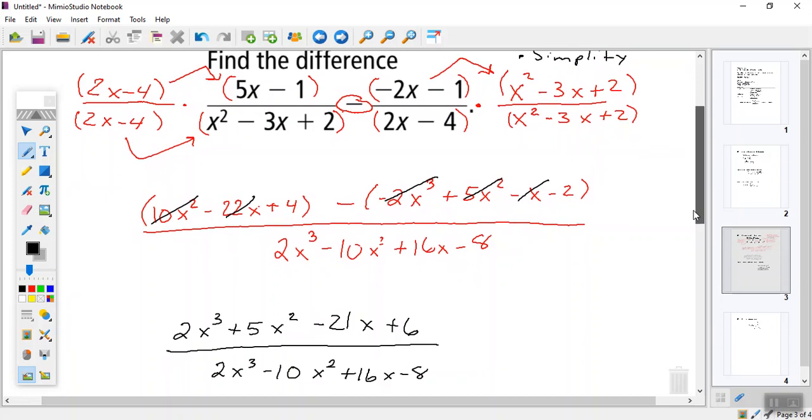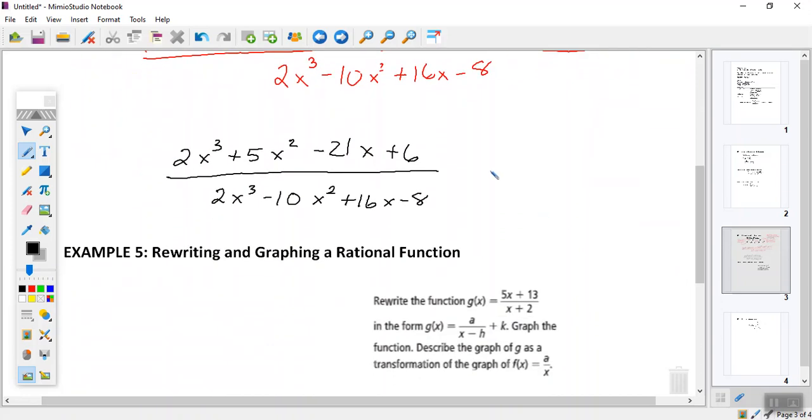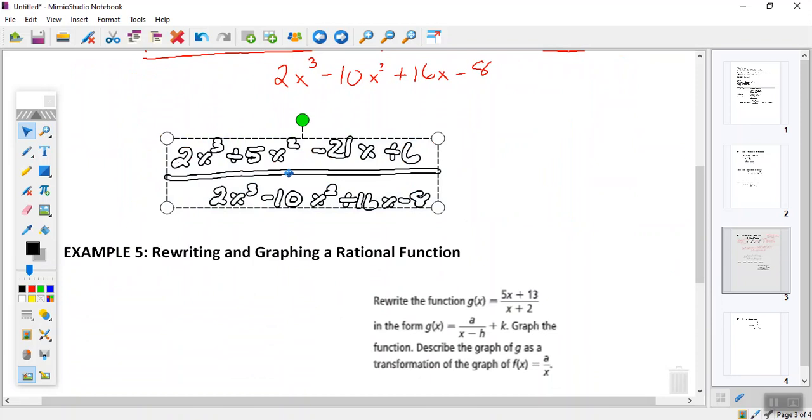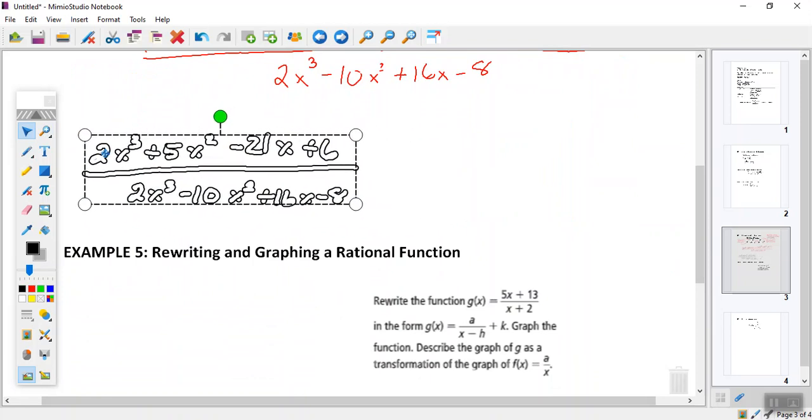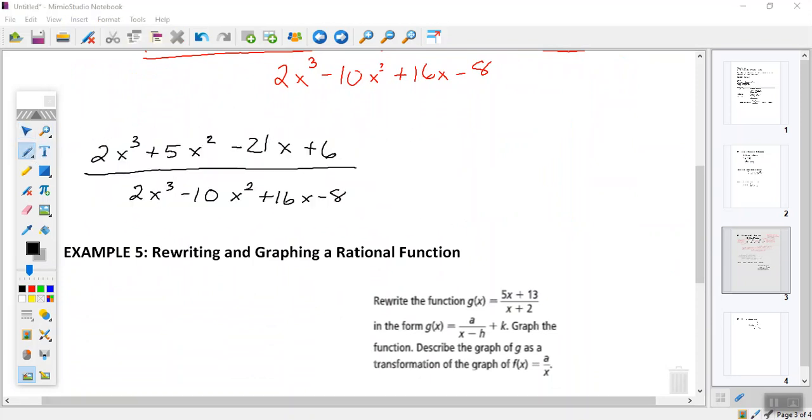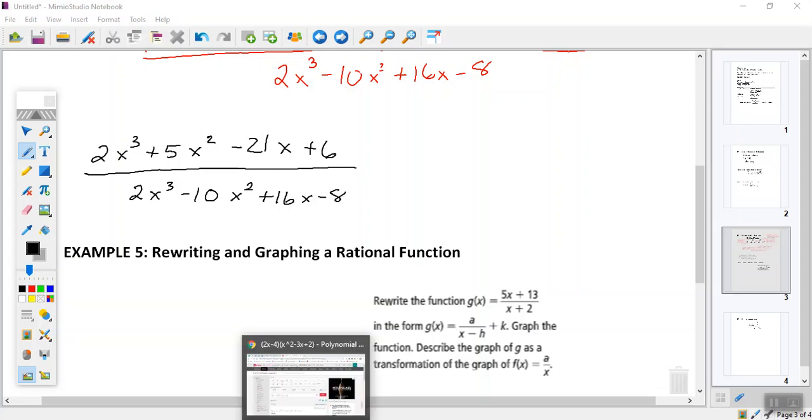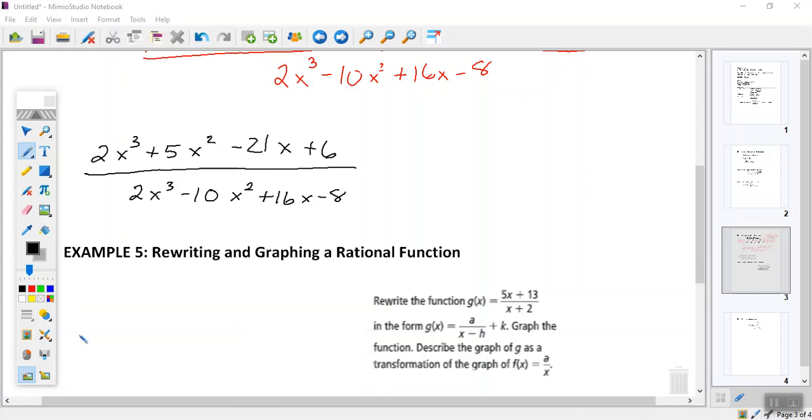So in the top here, I'm going to make a little room here. So I'm going to go over here to my calculator. Now I'm going to type in, do you guys remember what's up top? 2x cubed, 5x squared, minus 21x, 6. So 2, 5, negative 21, 6. Okay, I can do this.